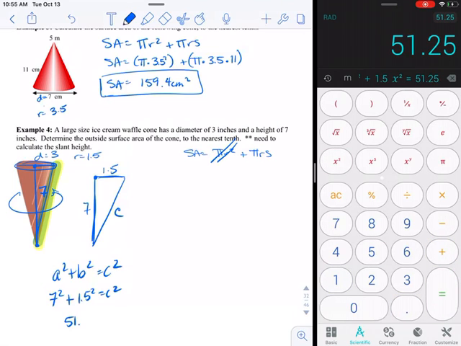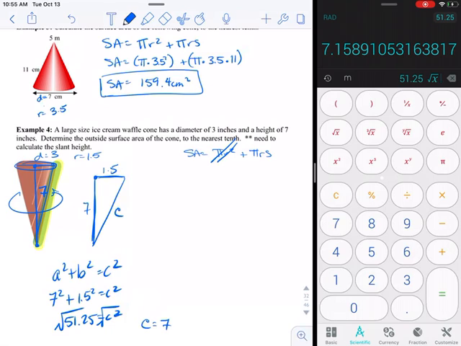So 51.25 is equal to c squared. Take the square root, and we get 7.2, which is what we need to use in this formula. So surface area is pi times the radius times 7.2.